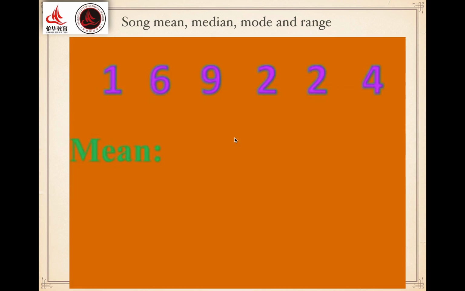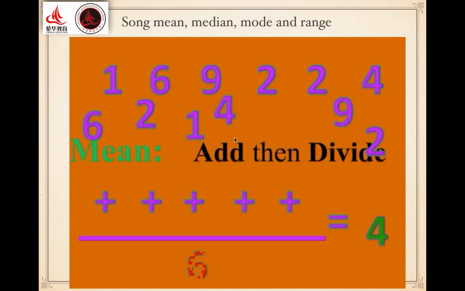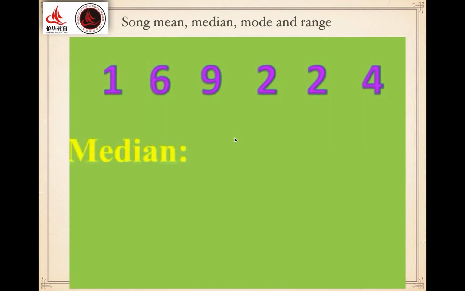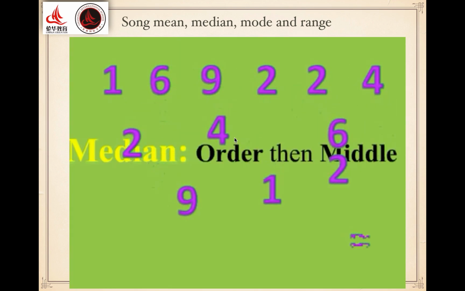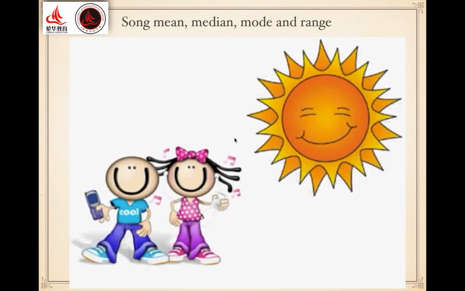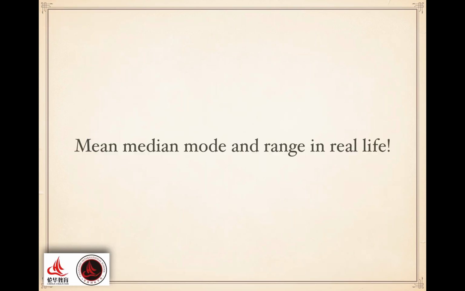The average of numbers is the mean. The mode's the one most often seen. The median's the middle one. And now our song is almost done.